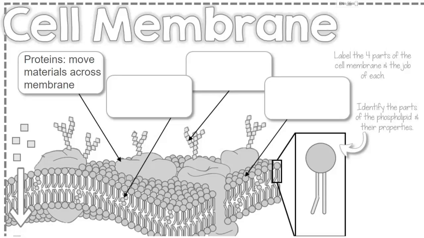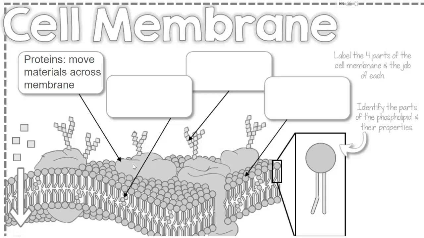Proteins are another one of our macromolecules, and these are embedded often in the membrane, and they play an important role because they help move some materials across the membranes. Some proteins, depending on how they're shaped and what their role is, might have a tube down the middle, right? It might be shaped in just a certain way that allows for certain molecules or substances to get in and out of the cell.